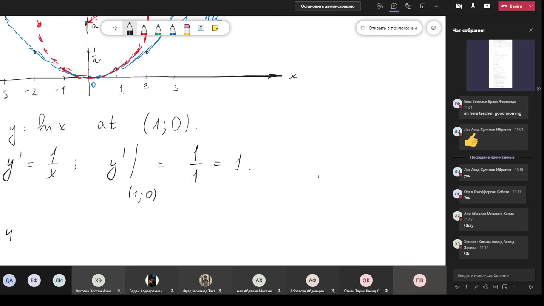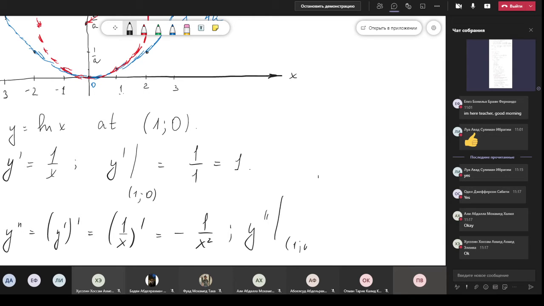The second derivative equals the derivative of 1 over x, or minus 1 over x squared. And at the point 1, 0, if x is 1, we have minus 1 over 1 squared, or just minus 1.